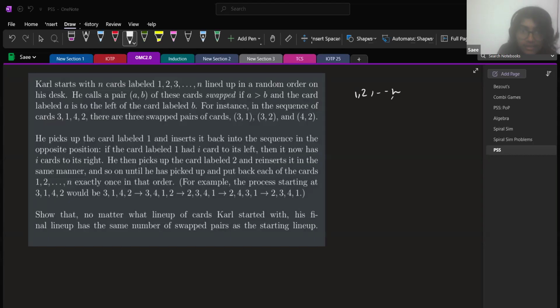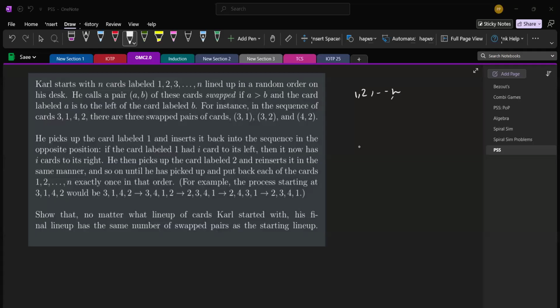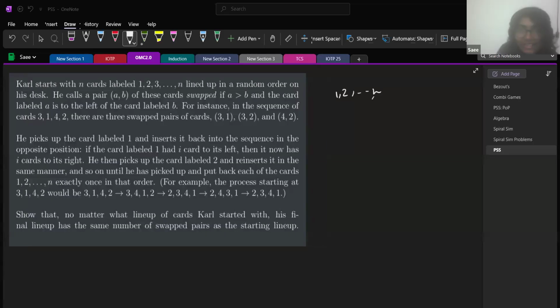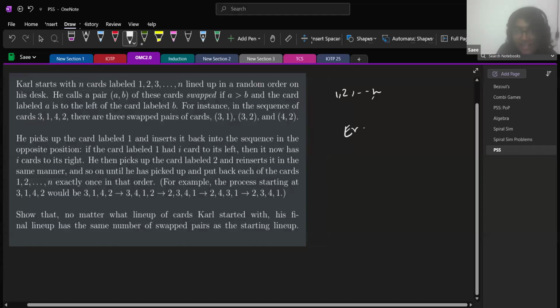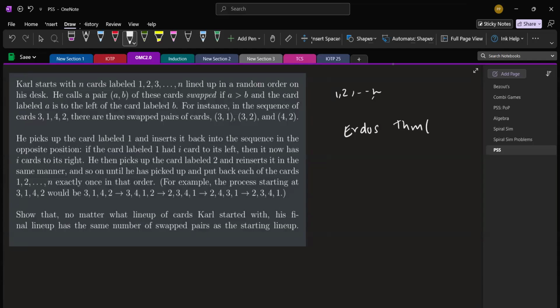What are the ideas? Any other ideas? What are people feeling about this? Somewhere I just feel like there's that theorem, the Erdos-Szekeres theorem. I don't know how it is pronounced. Amazing. What is the theorem? It's about a sequence of n numbers.